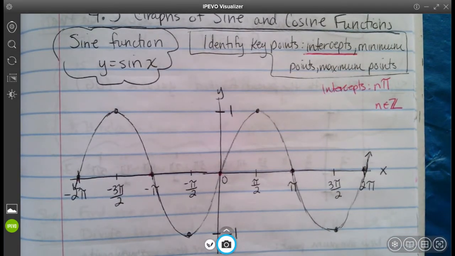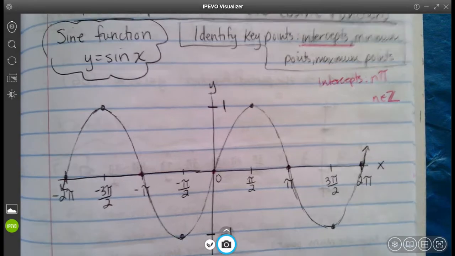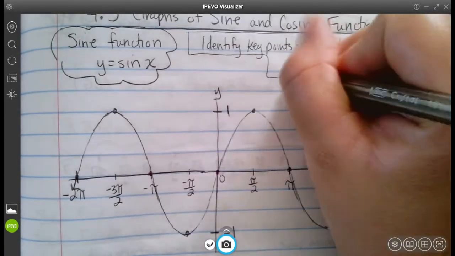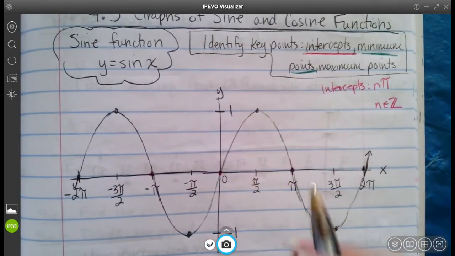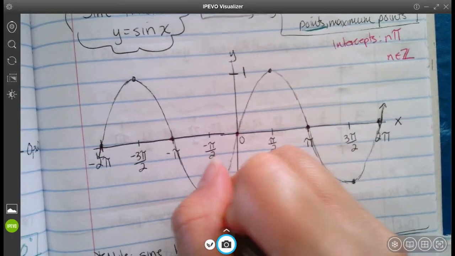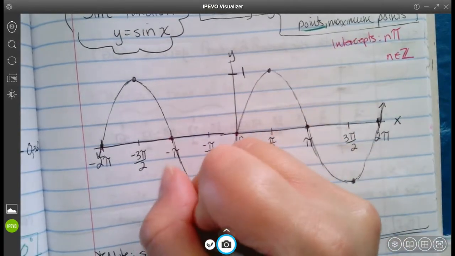The second thing you're going to want to take note of are all the minimum and maximum points. I'm only going to do a few because there's a whole bunch of them. Some of the minimum points would be, for instance, this one right here, which is -pi halves, -1. This is a min.